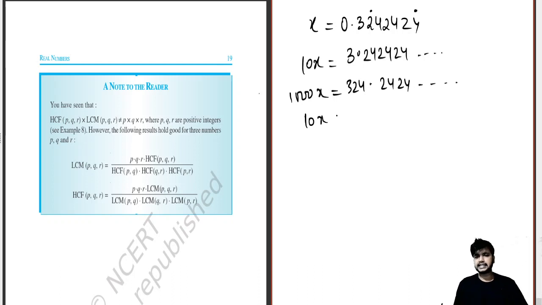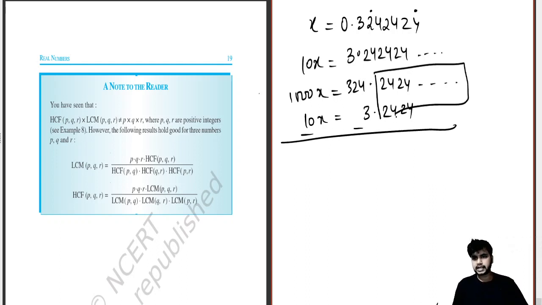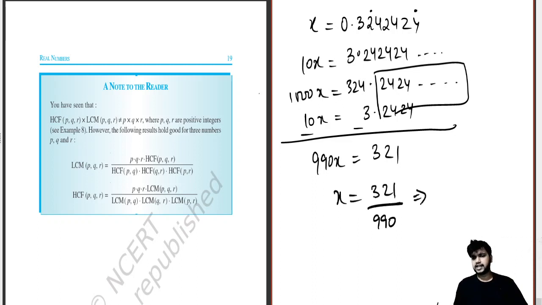So writing 10x below, this becomes 3.2424. Subtracting the whole thing, the agenda over here is that the end should have 2424. So this becomes 990x equals 321. So x equals 321 by 990. So this becomes 107 by 330.